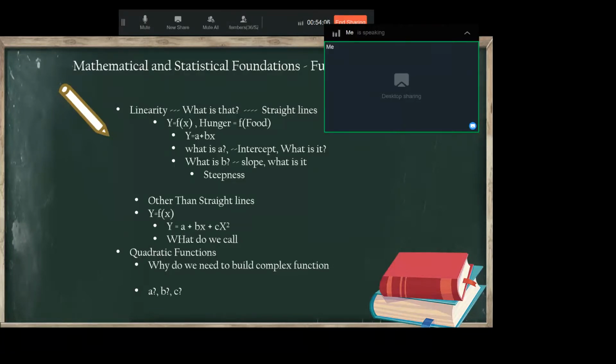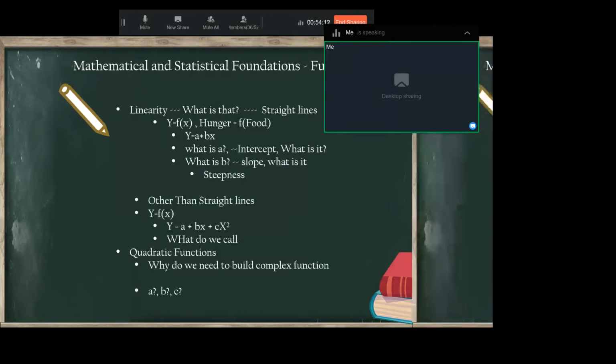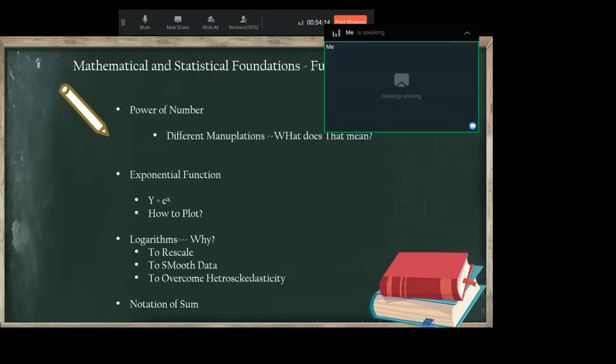Then we talked about the quadratic function. What are A, B, C, and how do we find them? Then we talked about power numbers and different manipulations.